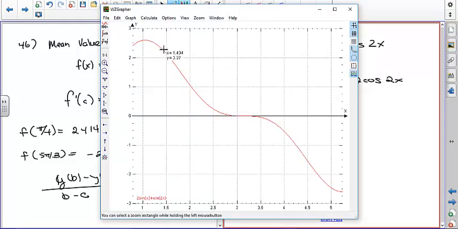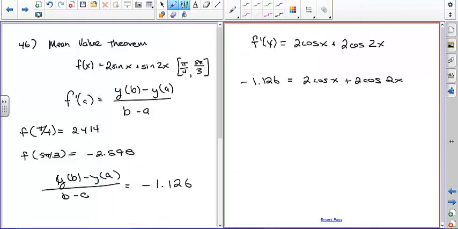There should be one solution maybe about right here. There's probably another solution about right here. There's another solution here, and another one there. So it looks like there are going to be 4 values of x in that interval that have this slope.